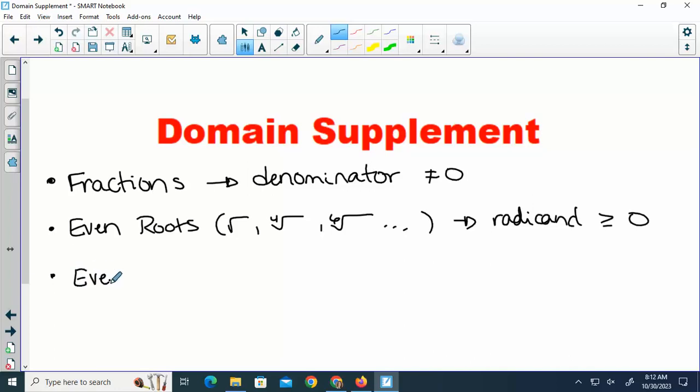Everything else has a domain of negative infinity to positive infinity. So if you don't have a fraction and you don't have an even radical, your domain is everything. You can plug in whatever number for x that you would like. So when we look at these problems and try to identify the domains, I'm going to ask you, do we have a fraction? Do we have a radical? And then we'll base our domain off that.